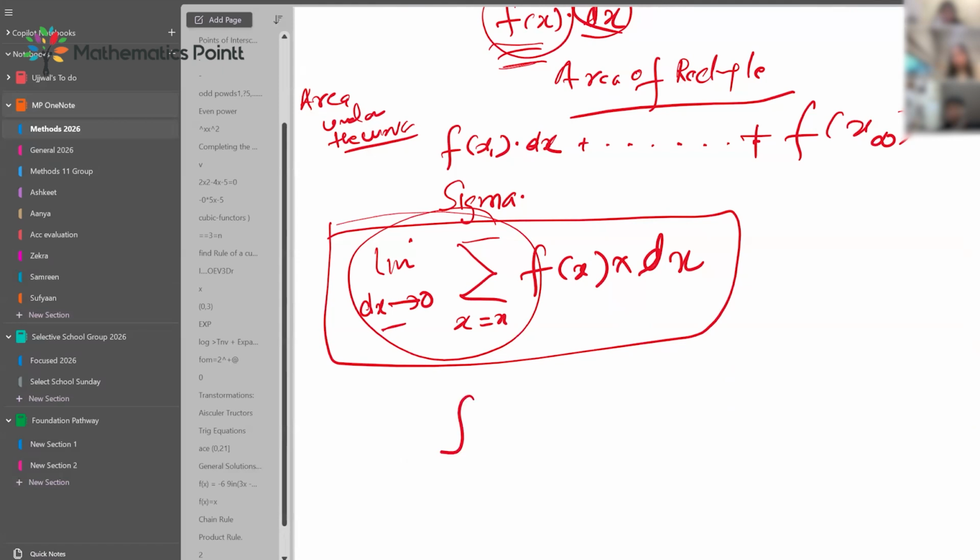Let's replace it with this sign. This sign is also sigma. Add all rectangles between the 2 points A and B by drawing infinite rectangles of the length f of x times the width dx. And this became the area under the curve.